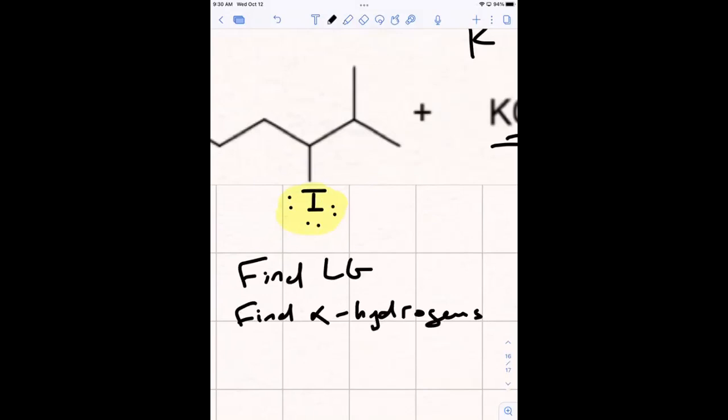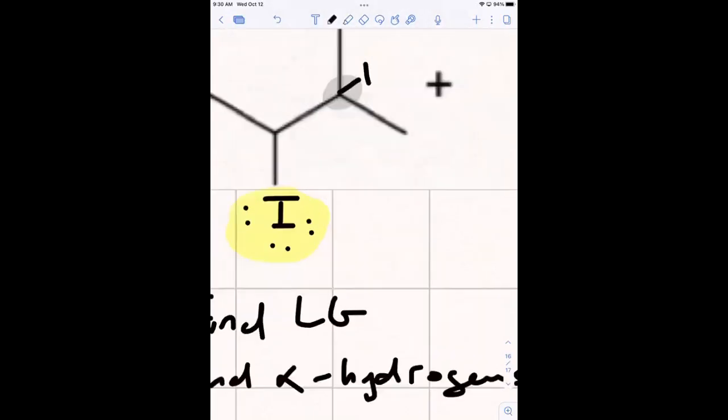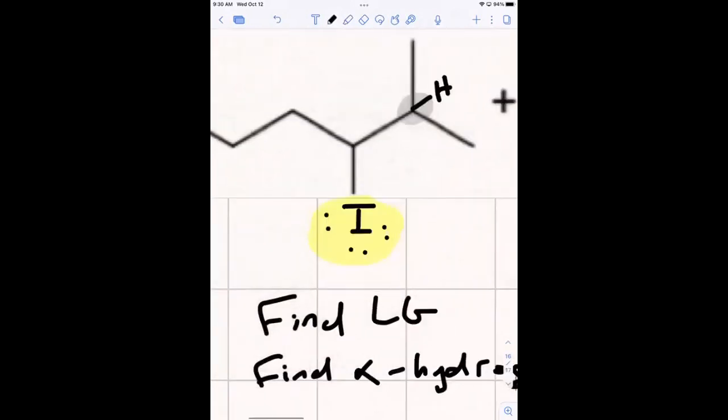Where would they be here in this example? Will they be to the right of iodine? So iodine here, hold up, let me get the right highlighter. Here, there is a hydrogen there. Yep, I agree. What about the other side?